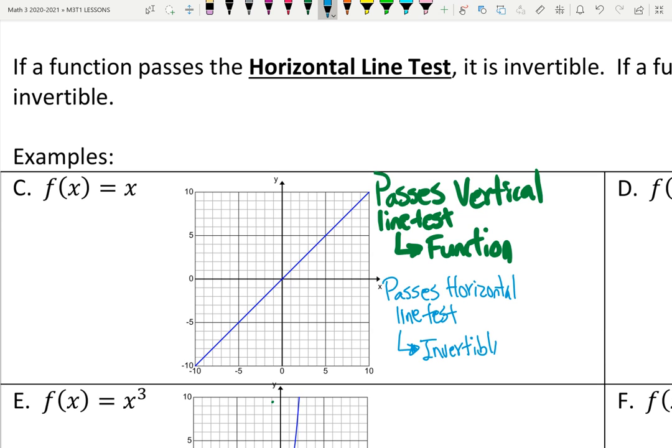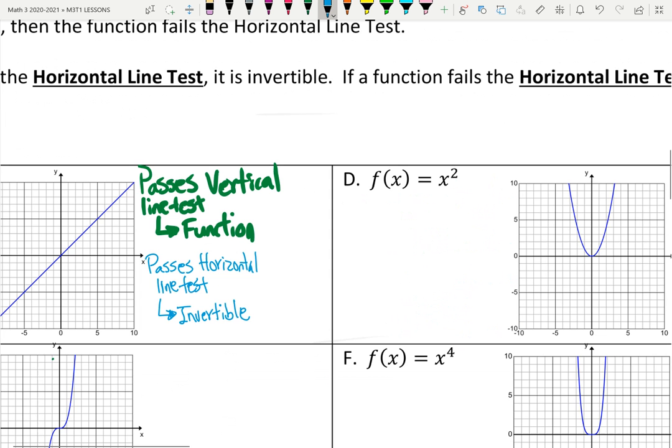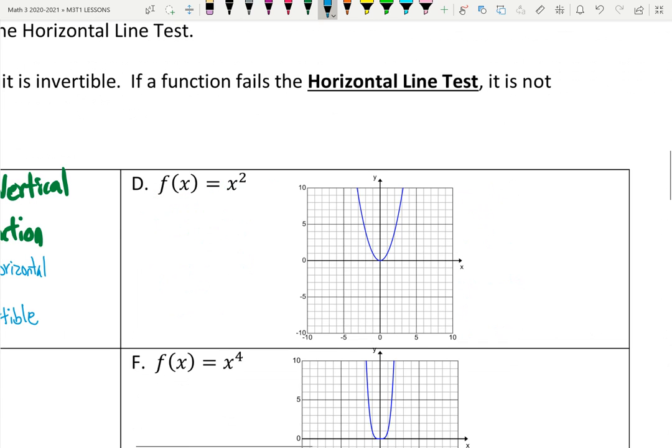Remember, invertible means that the inverse, which is not in the picture, would be a function. This next guy, I go ahead and examine, and I'm going to test if it is a function. By repeatedly drawing vertical lines, you can clearly see it only goes through one time, meaning this is a function.